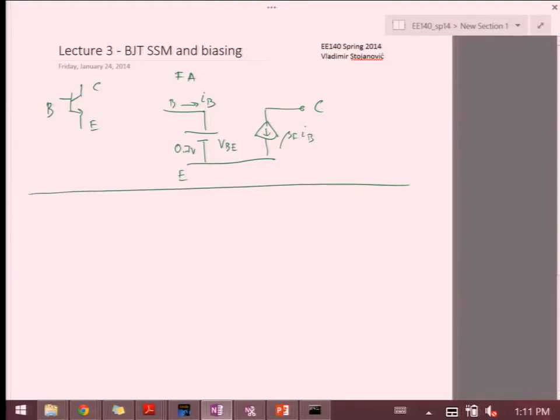Now from this, we're going to take a look at a few second-order effects to complete the equations for the collector current, and then we're going to move into the small signal model.